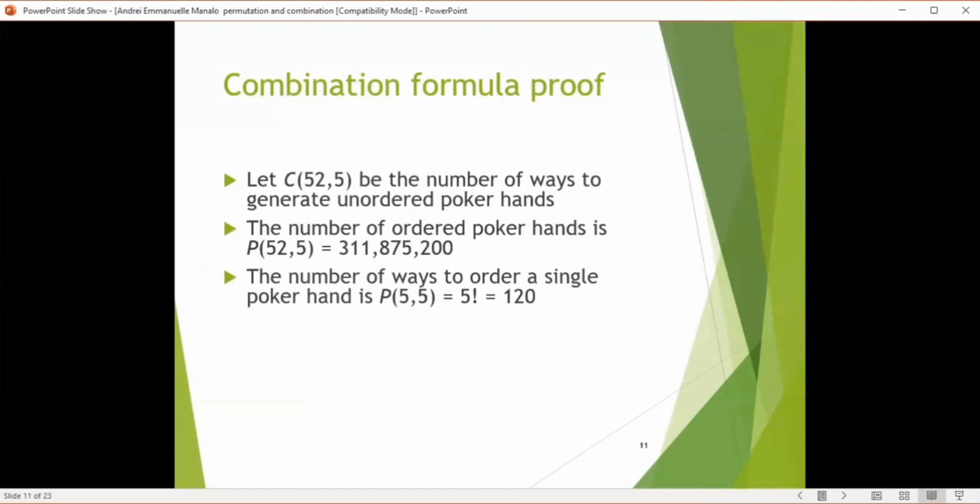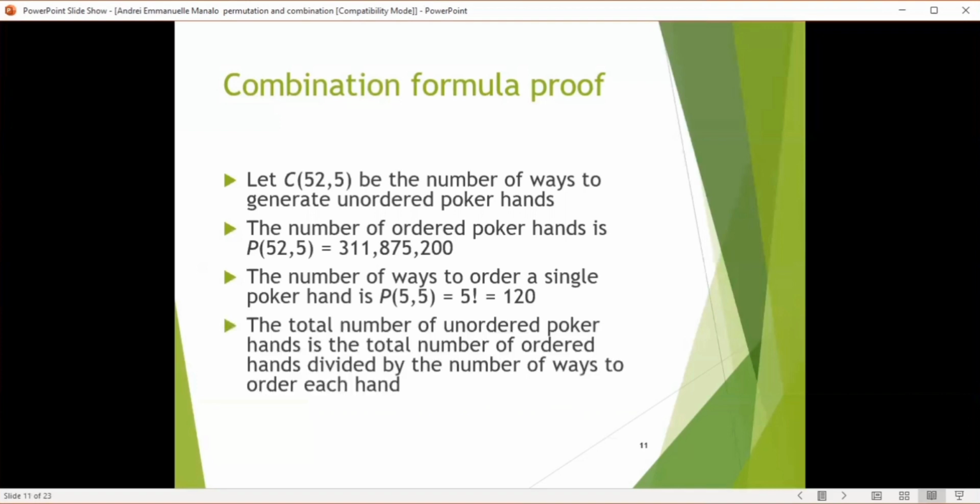The number of ways to order a single poker hand is P(5, 5), which equals 5 factorial, which equals 120. The total number of unordered poker hands is the total number of ordered hands divided by the number of ways to order each hand. Thus, C(52, 5) equals P(52, 5) over P(5, 5).